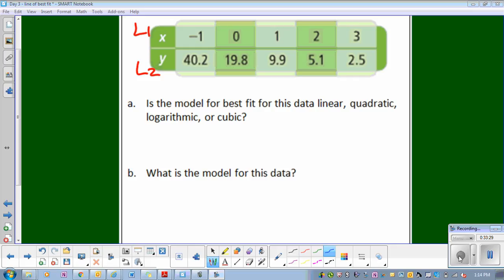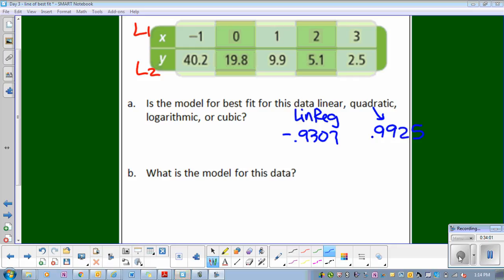When you do linreg, you get 0.9307. For quad reg, 0.9925.